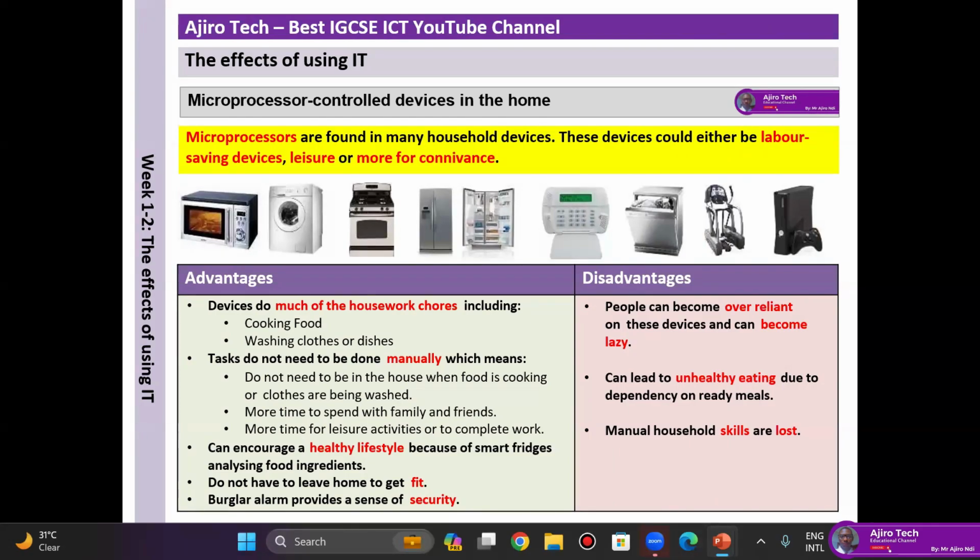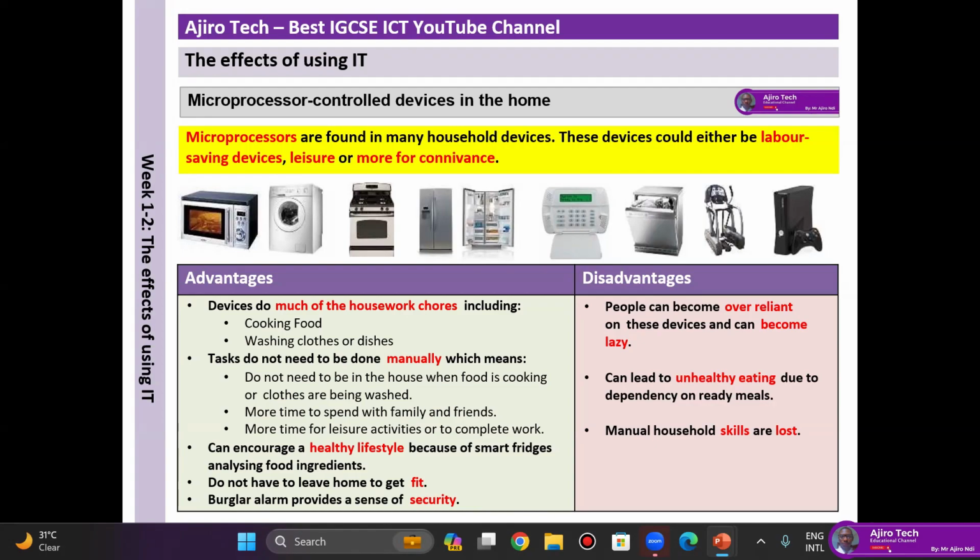We've talked about these labor saving devices, and now we're talking about how they affect our leisure time, our lifestyle, and our physical fitness. To summarize the effects of using microprocessor-controlled labor saving devices, we'll look at the advantages and disadvantages.